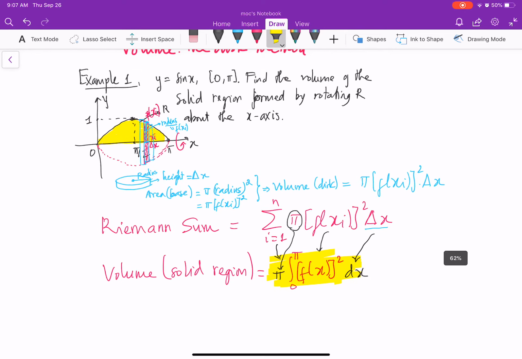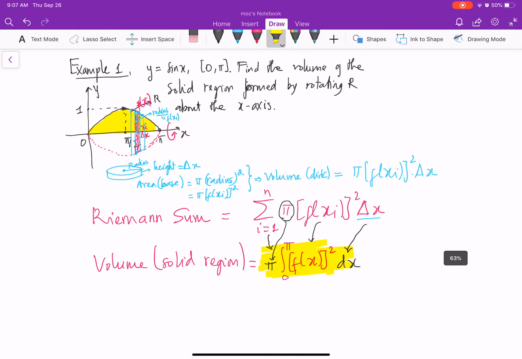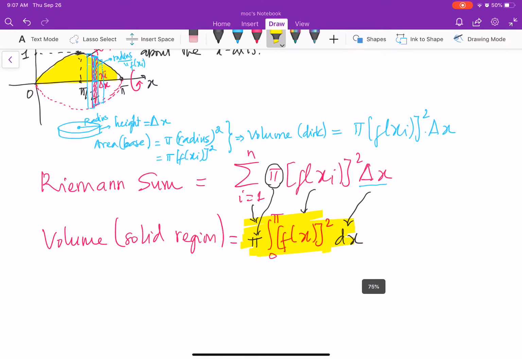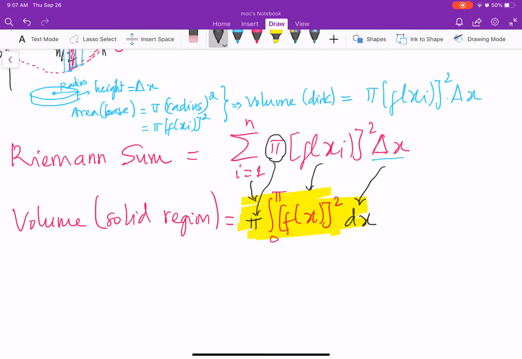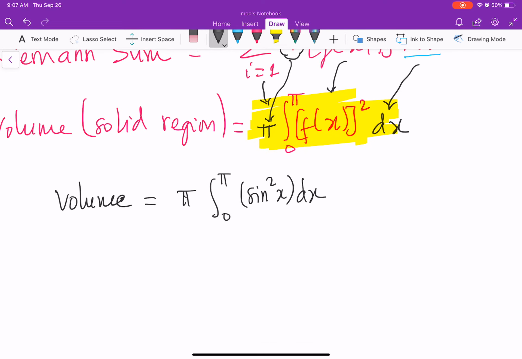All right, so let's solve our problem. In this case, our problem is y equal to sin of x, okay? So I just substitute f of x into this formula. So I write volume is equal to pi integral from 0 to pi sin square of x dx, right? And now we have to remove the squaring here.